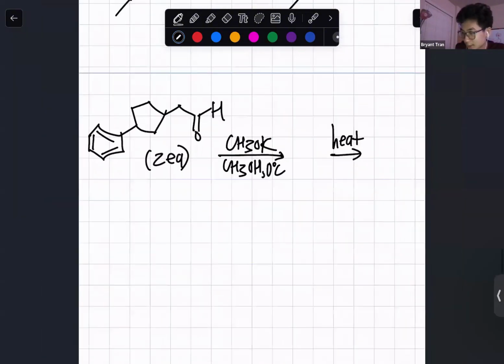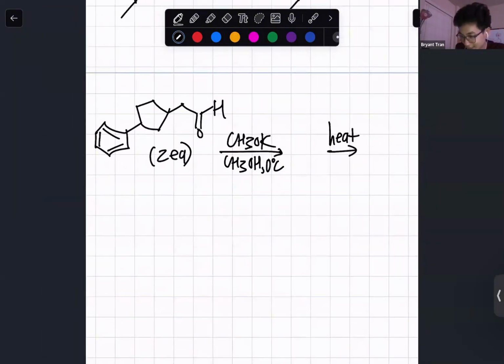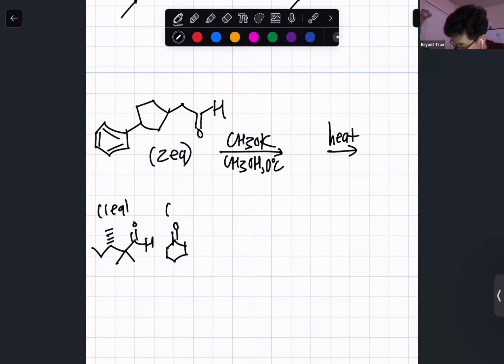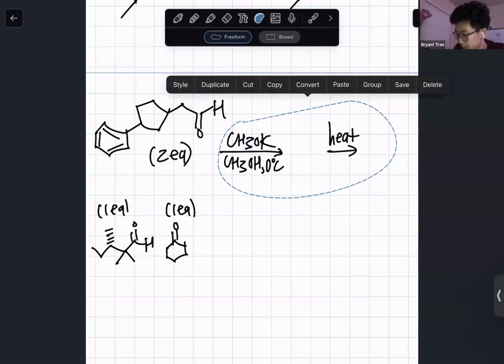And I'm going to give you another product of a reaction where there's only 1 equivalent of each, with the same set of reagents.